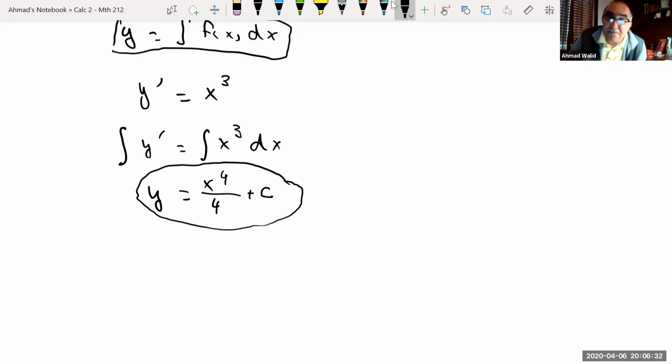But there is a family of functions that can be the answer for this given differential equation, because c is a constant. c can change to different numbers, right? It means a differential equation can have a family of answers. It's really important to put this c in your answer, correct? Do not miss this c, please.